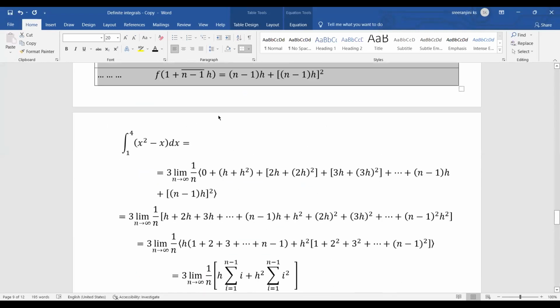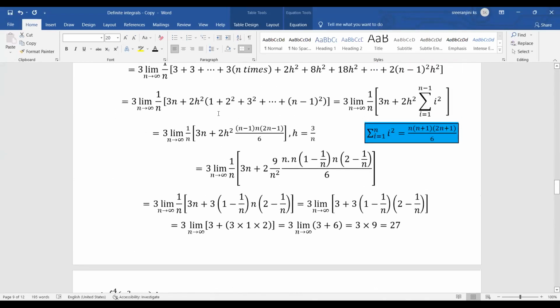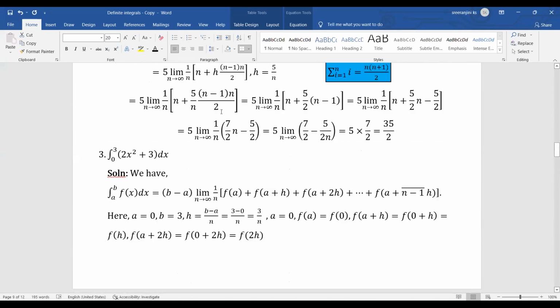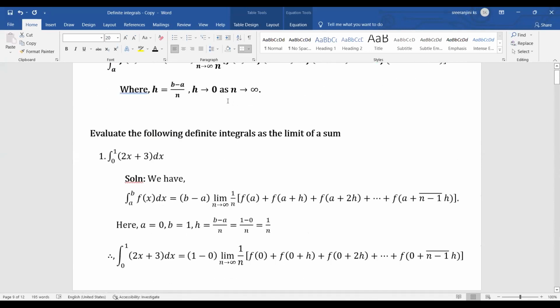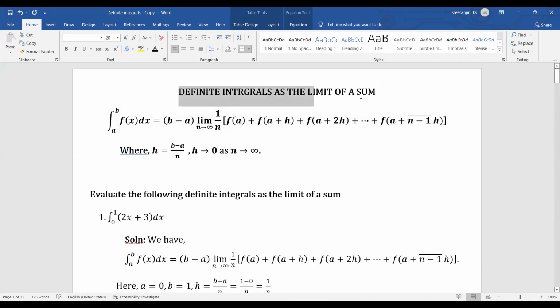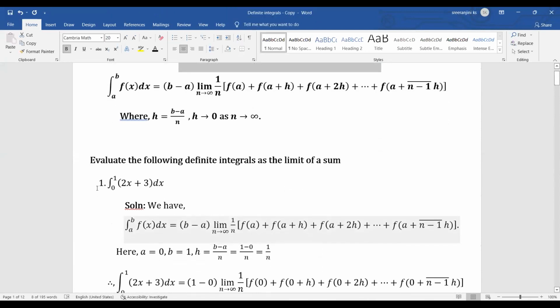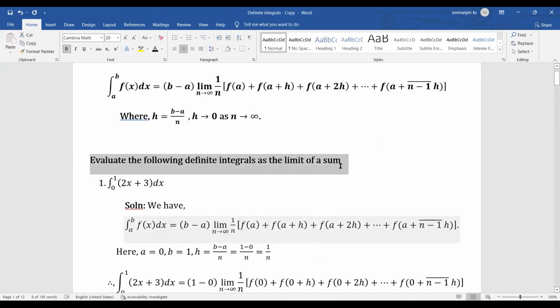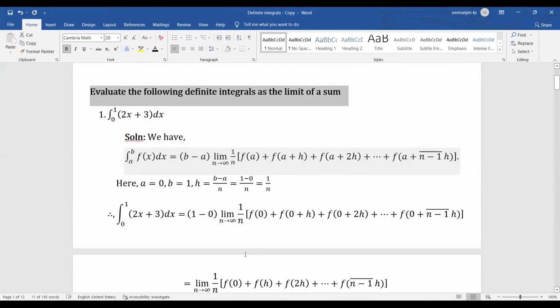This method's name is definite integrals as the limit of a sum. So if you are asked to evaluate definite integrals as the limit of a sum, you have to follow this method.